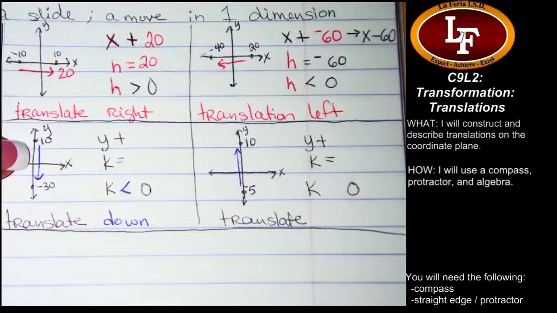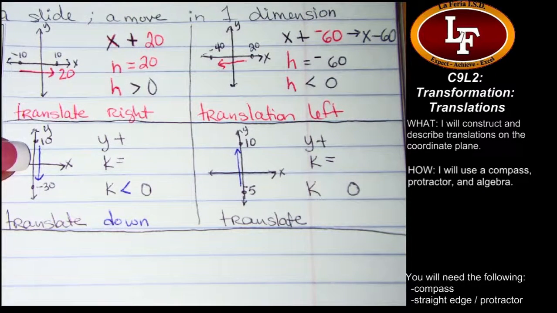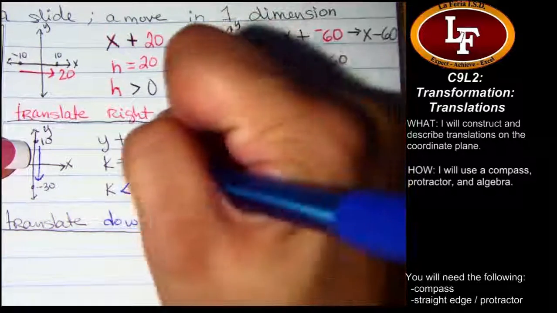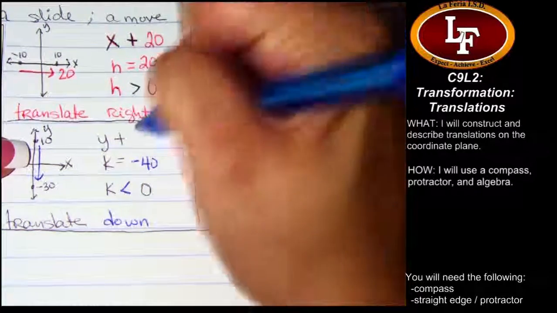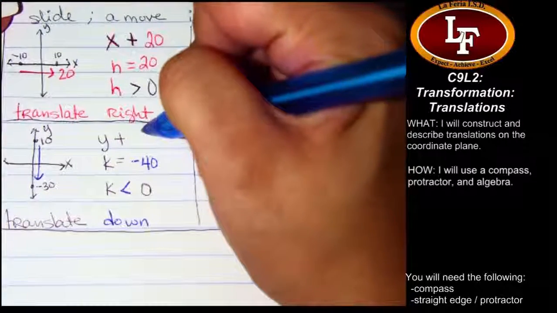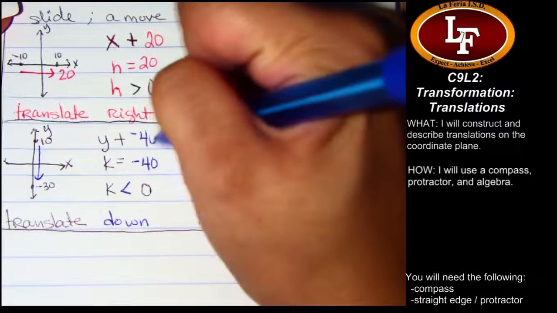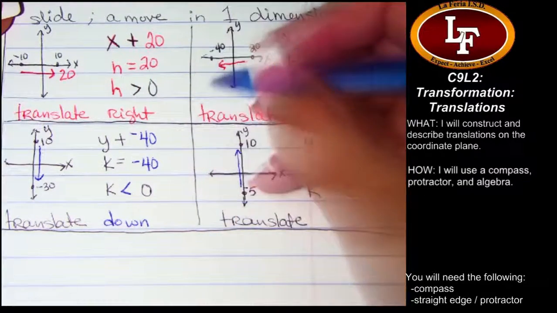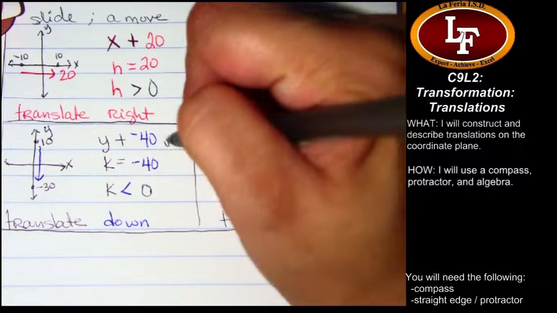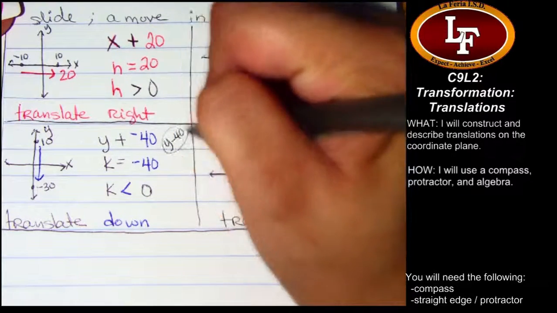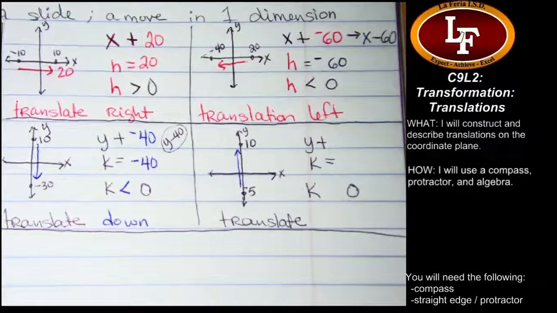Negative 40, because you have to move 10 to get to 0, and then 30 more to get to negative 30. Very nice. Which means our expression is y plus negative 40, or y minus 40. They're both the same thing.